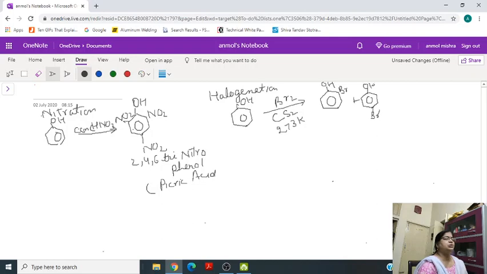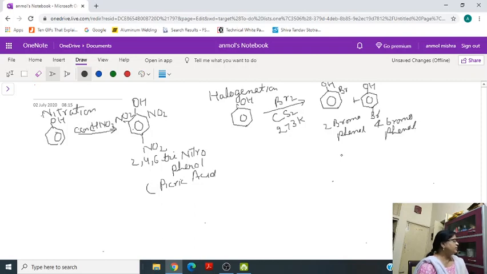Ortho, that is 2-bromophenol, and 4-bromophenol. Now, the halogenation of benzene takes place in the presence of a Lewis acid like FeCl3.